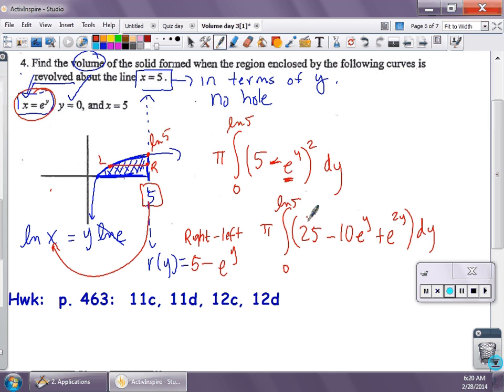Now this term is simply integrated by reversing the power rule. This term, when you find the antiderivative of e to the y, you get e to the y. This term is going to require either formal or informal u substitution. In other words, you're going to have to compensate for that coefficient of 2 with a 1/2. Some of you are more experienced at doing that in your head, and some of you still need to do the u substitution.